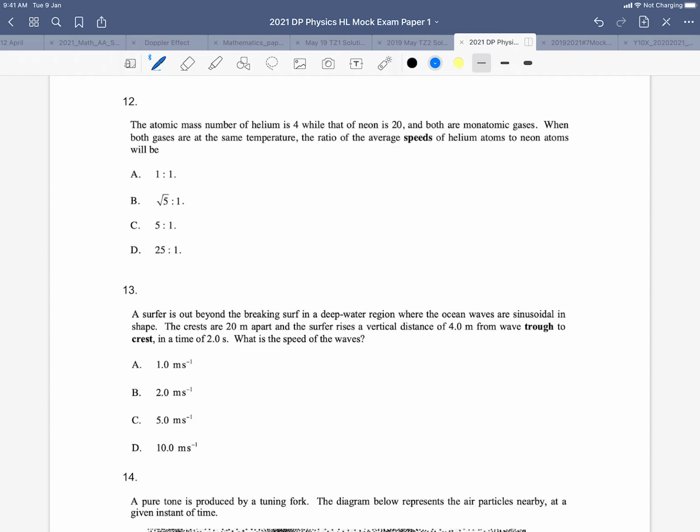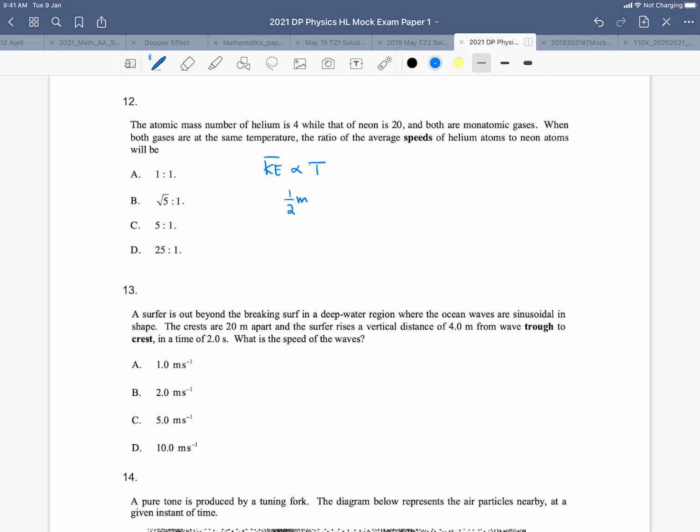Okay, then we have this one, which is related to the formula that the average kinetic energy per particle is directly proportional to the temperature, right? So here we have some helium and neon, monatomic gases, and they're at the same temperature. So we know that the average kinetic energies are the same. So basically we can write half m, and that could be for helium, the smaller mass.